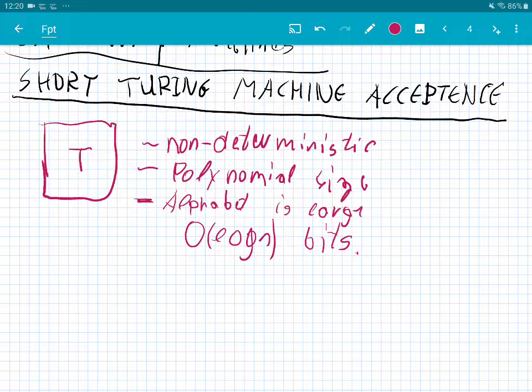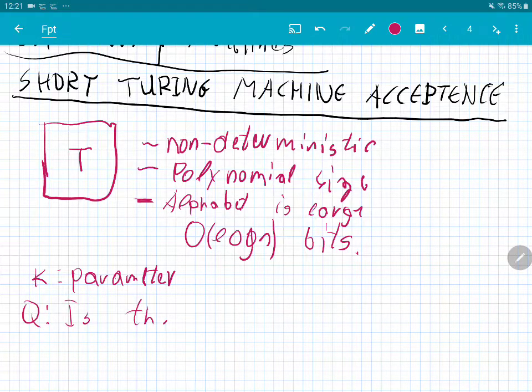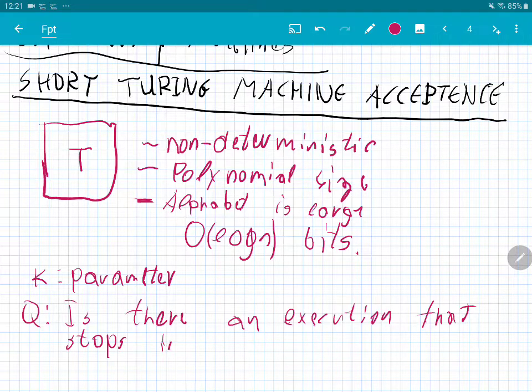Okay, so I give you a Turing machine like that, and I give you a parameter k. K is a parameter. And the question is: is there an execution that stops in k steps for the given input?